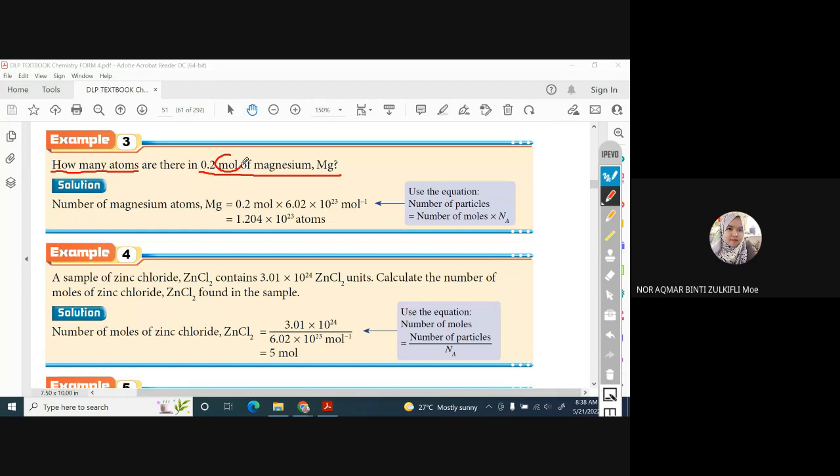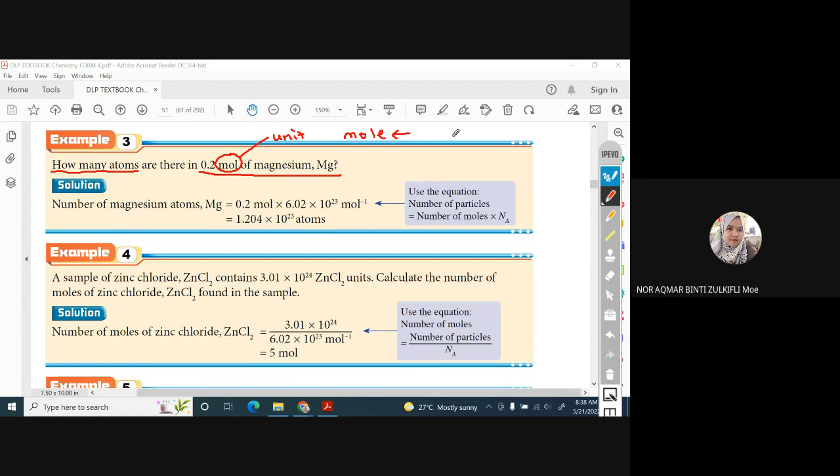So this is mole, this is the unit. The mole is what we said earlier, a measurement that represents the number.